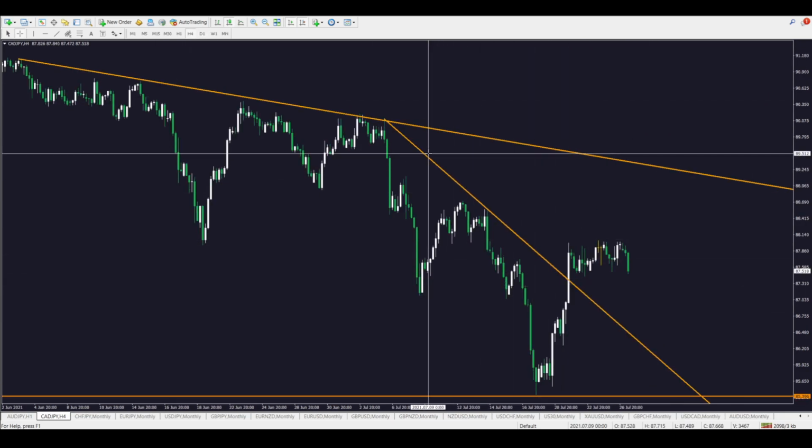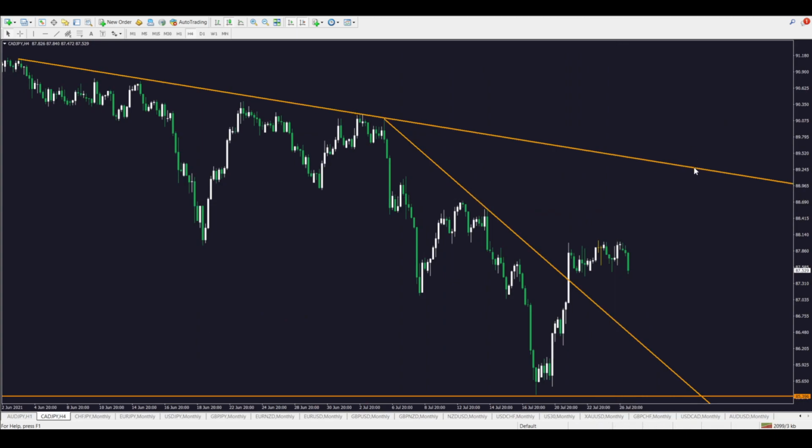So price was bullish, and this is CAD JPY by the way, guys. I can't say that I would actually be interested in a buy above this area. So price broke the bullish trend line, started going up, and then found resistance right about here.